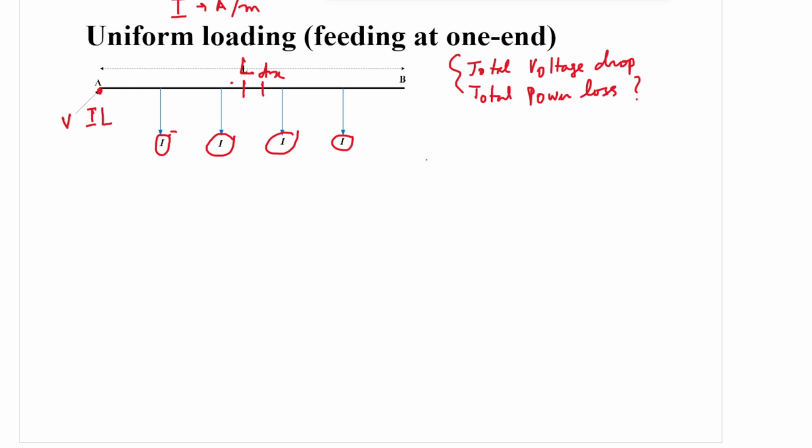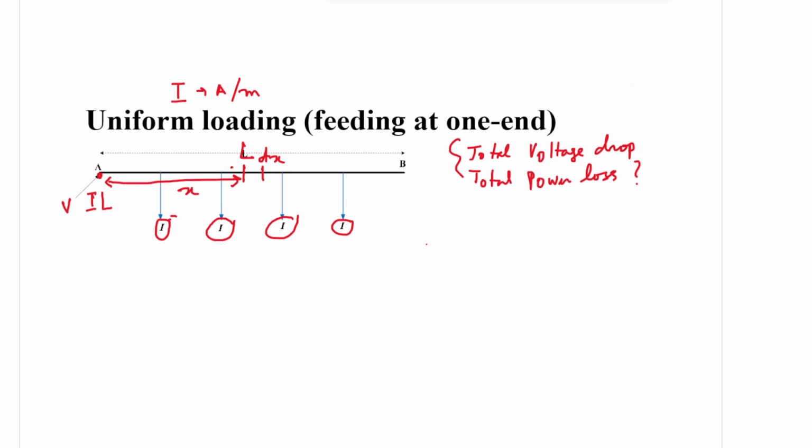Now this small section of length dx is situated at a length x. So the current tapped up to here should be I into x.